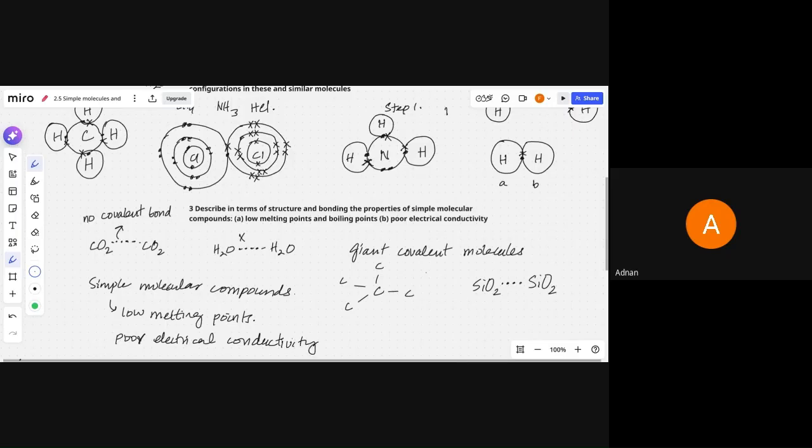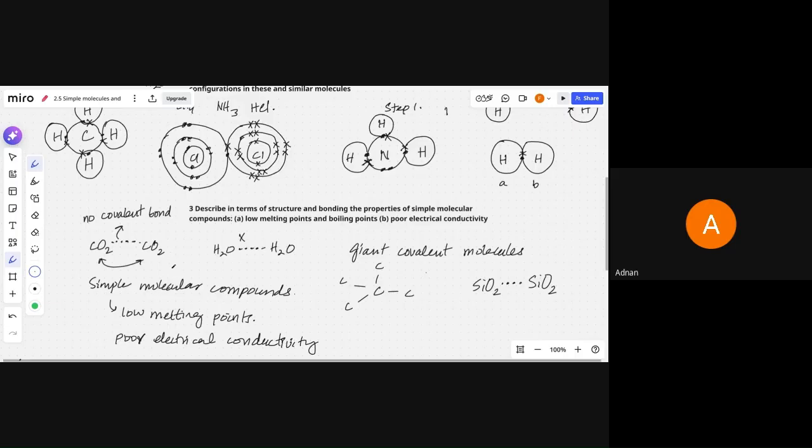This will be explained in the extended syllabus. Students learning for the core syllabus don't have to worry about the explanation. The reason is that since the molecules are on their own, there is no attraction between one molecule and the other. That is why they have low melting and boiling points.